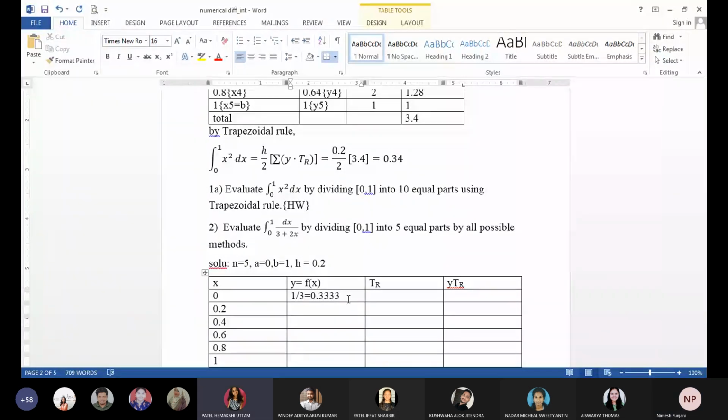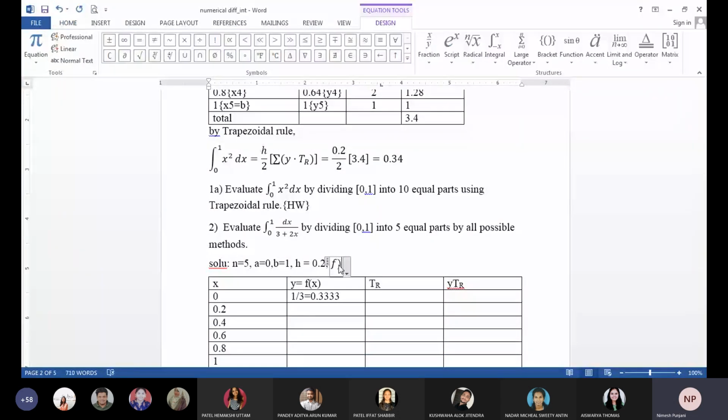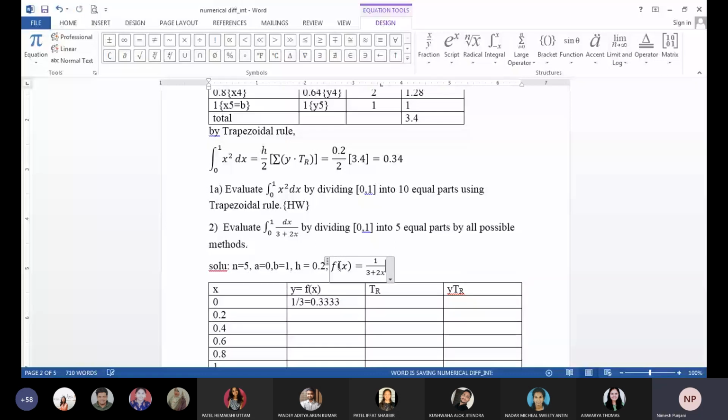Sir, how to find f of x, tell again please. To find f of x, you substitute the values of x. What is my function here? Here I will write f of x also. It is 1 divided by 3 plus 2x. This is my function. So what is my first value of x? 0.